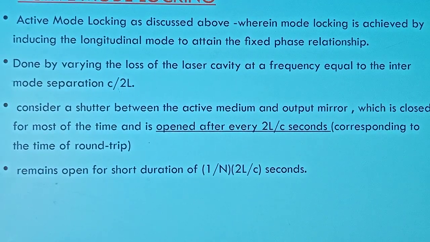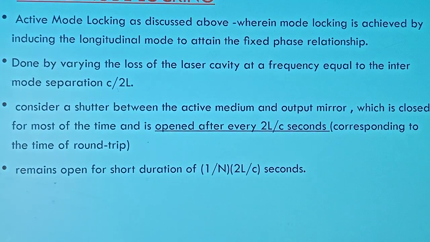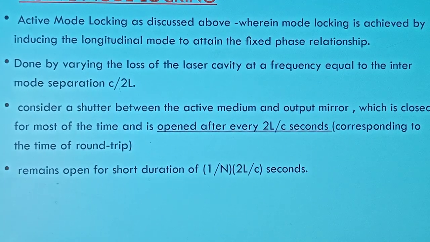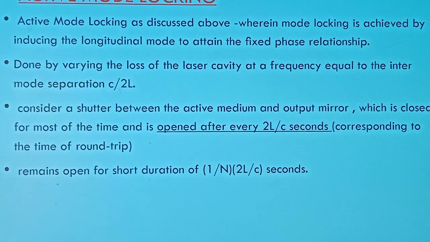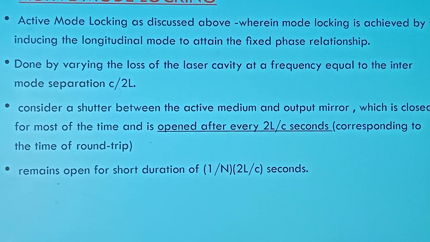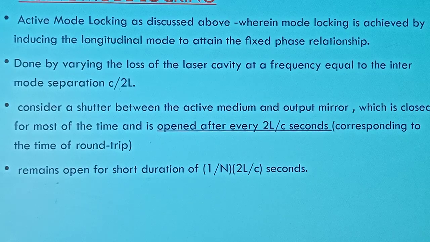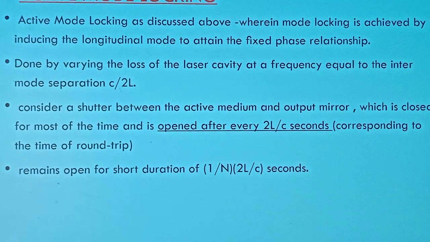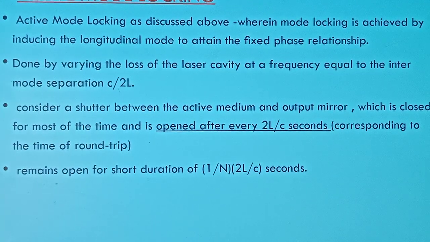What we are trying to do is, we are trying to stop the resonance by putting some shutter in between the active medium and the output mirror, so that the feedback cannot be got, and we open this shutter every 2L by C seconds. This keeps on repeating.